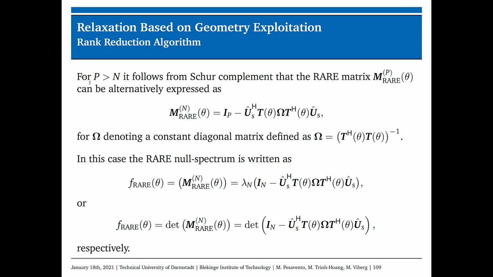The matrix M is of dimension P times P, so the number of subarrays. If P is larger than N, the number of sources, we can apply the Schur complement and use an equivalent reformulation with a RARE matrix of dimension M times M, for which we can either compute the minor eigenvalue or also evaluate the minima of the determinant.